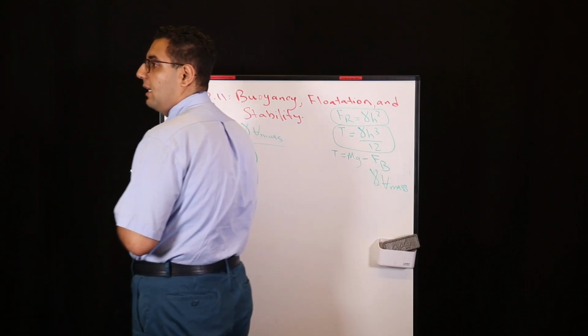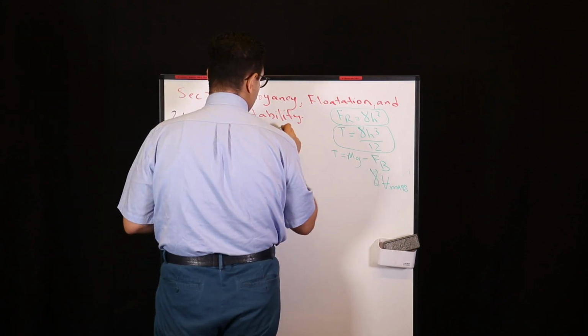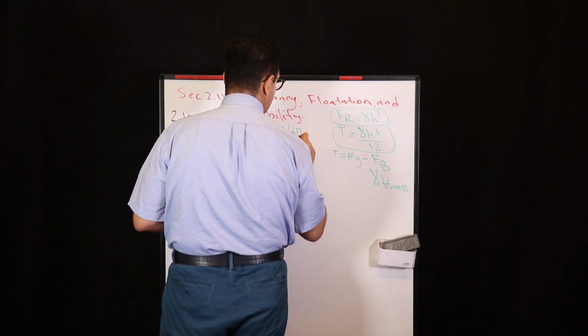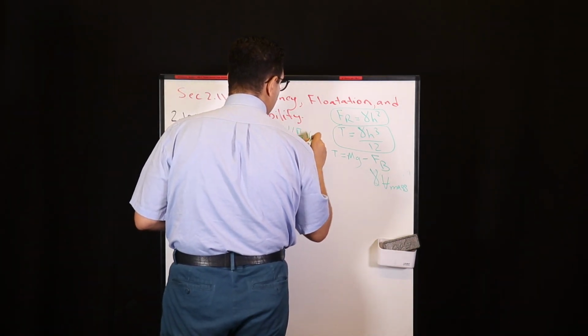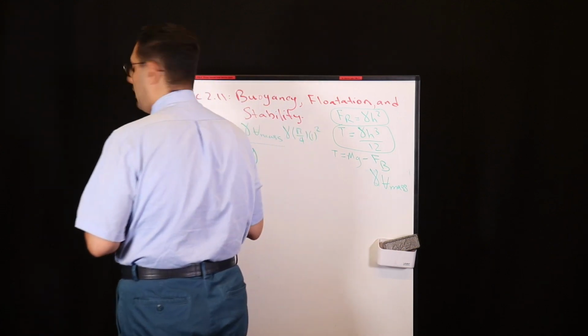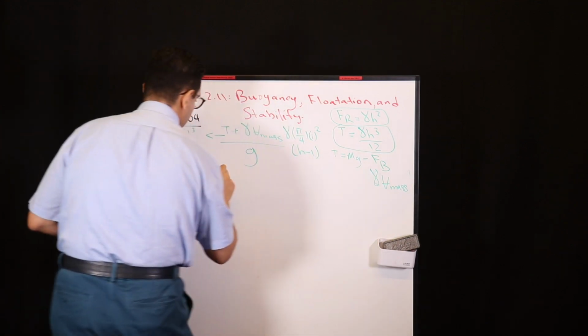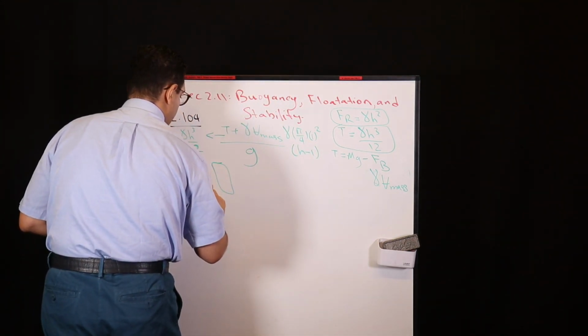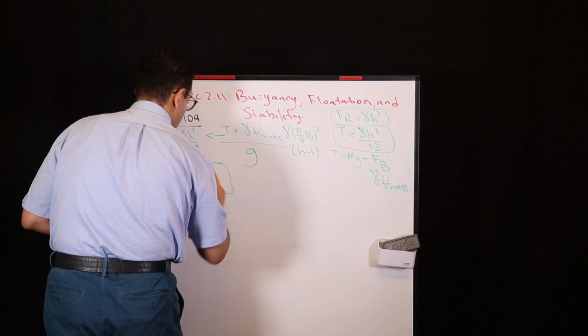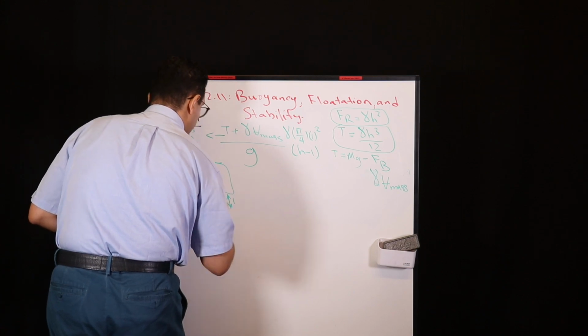And the V is pi over 4 multiplied by 1 to the power 2 multiplied by H minus 1. Since we have the H as total here and the 1 is here.